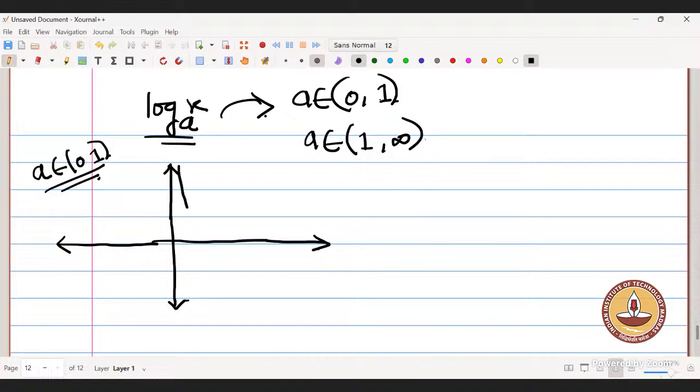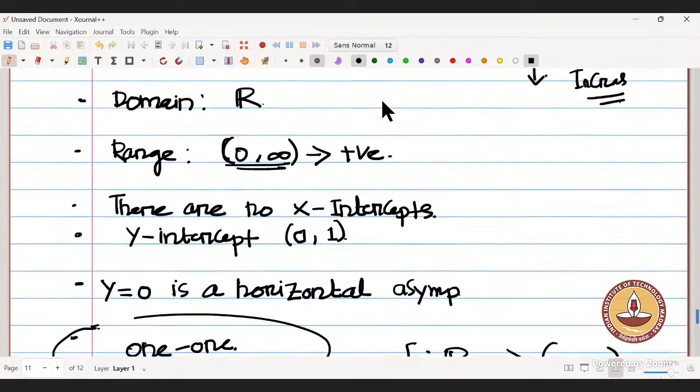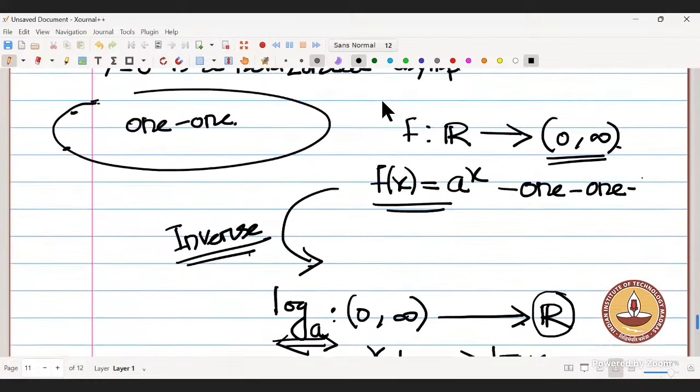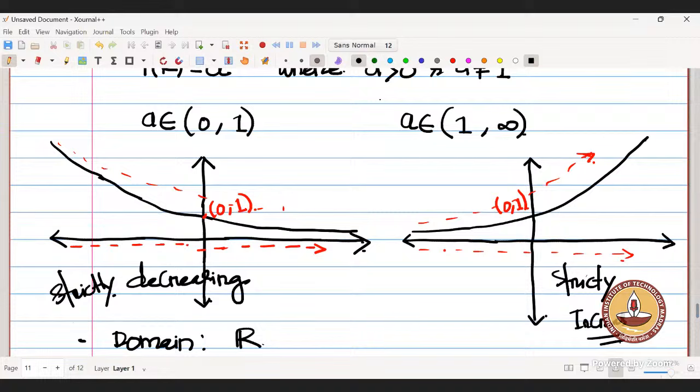So this will look like this, right? And what is this point? 1, 0. Correct. See, because as you can see here, I have 0, 1, right? Here I have 0, 1, right? Yes, sir. So if I take the inverse, then I will get basically what?